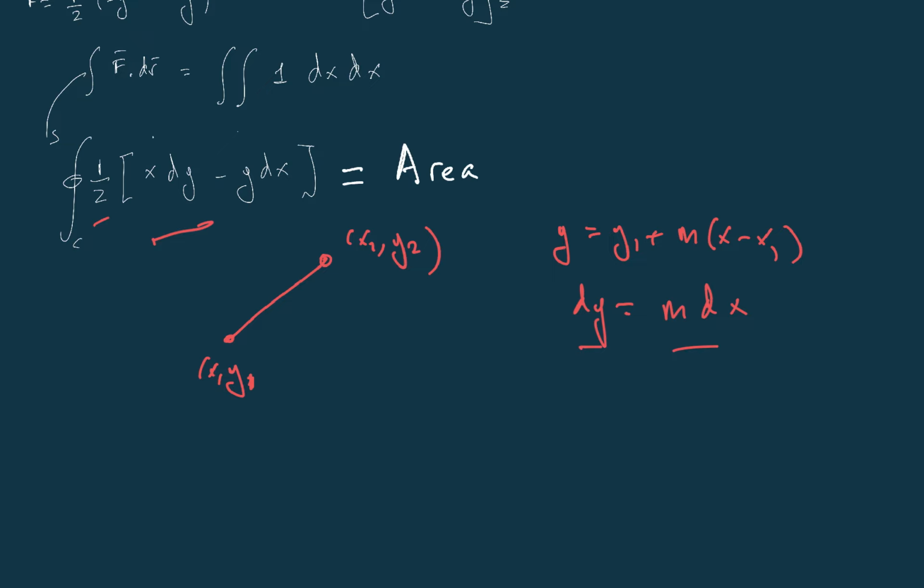Placing dy as m dx and doing the integral from x1 to x2, it is easy to do. The integral will be x1 multiplied by y2 minus y1 multiplied by x2, with the 1/2.